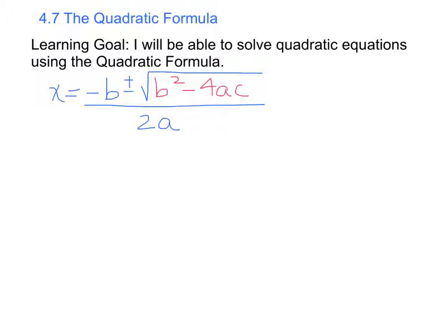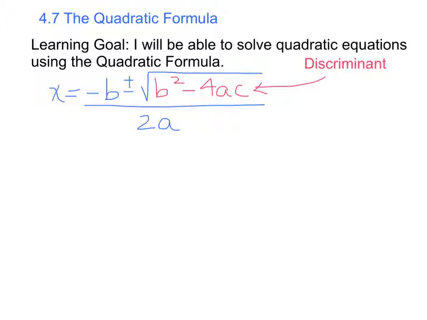the discriminant. The discriminant is very important because it tells you, and I'll type it here, okay?